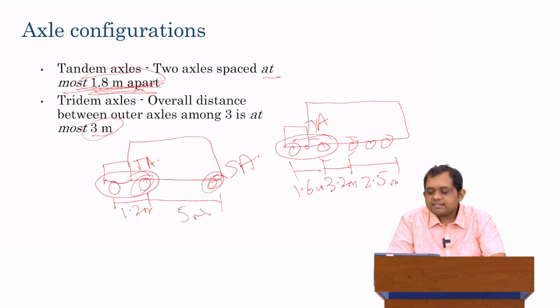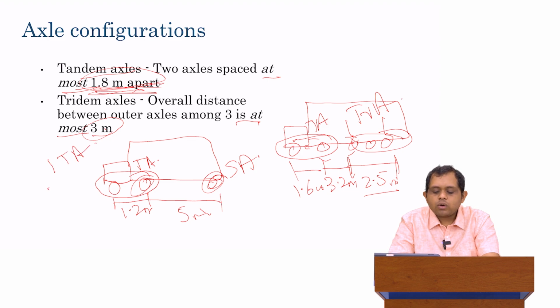If you look at the last three, the spacing between the first one and the last one is 2.5 meters, which is less than 3 meters. And so we could say that these three are forming a tridem axle group. So in this case, the first truck I drew over here has one tandem axle and one single axle. The truck which I drew on the right has one tandem axle and one tridem axle.